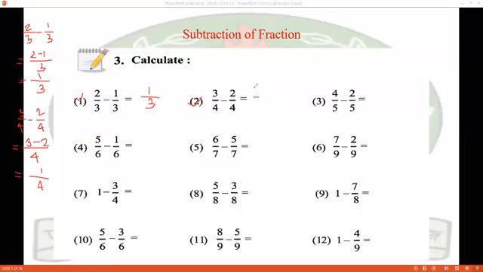The number 3: here 4 by 5 minus 2 by 5. So the common denominator is 5. There is 4 minus 2. So the result will be 2 by 5.